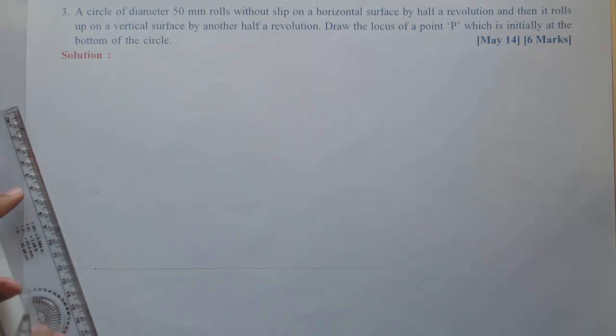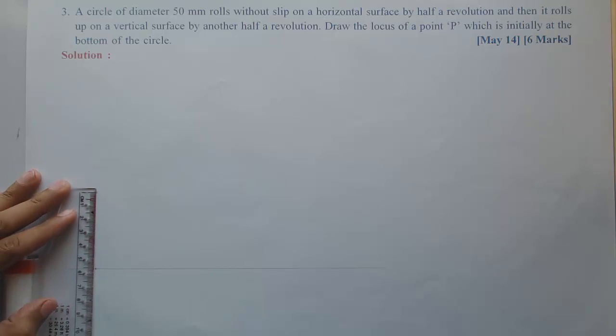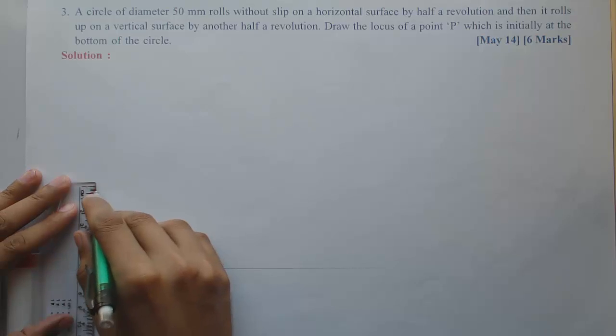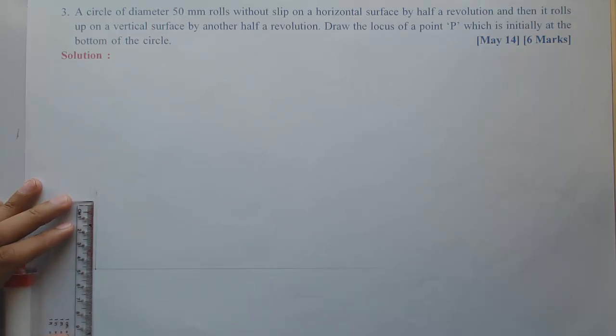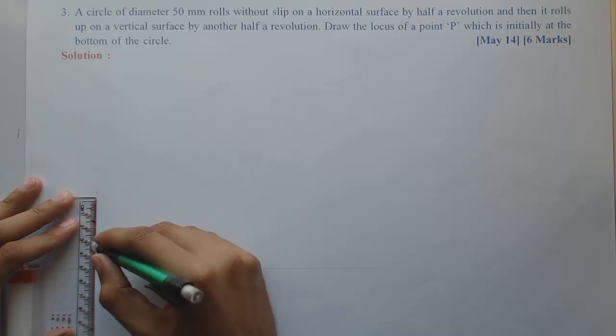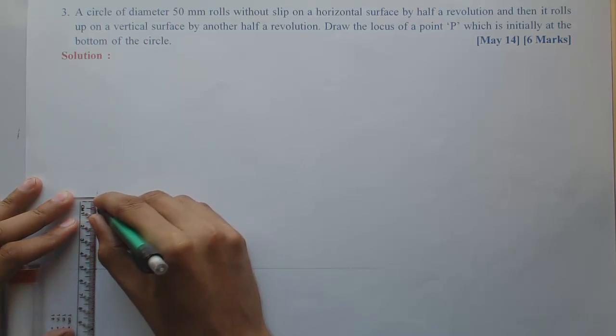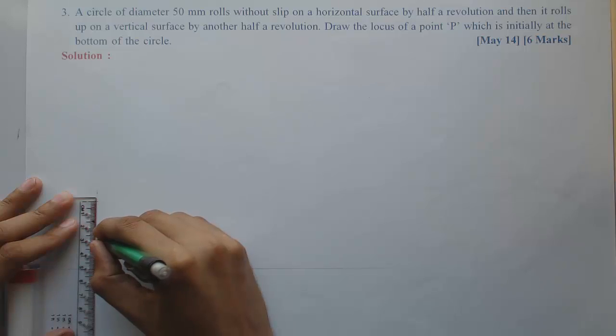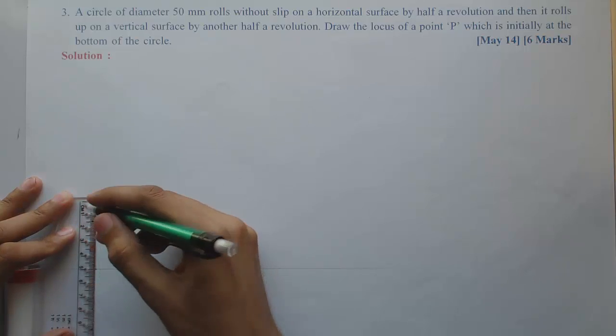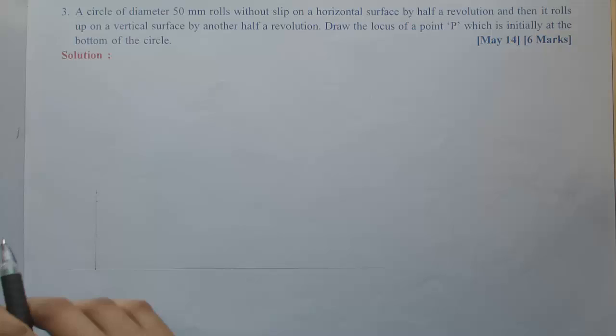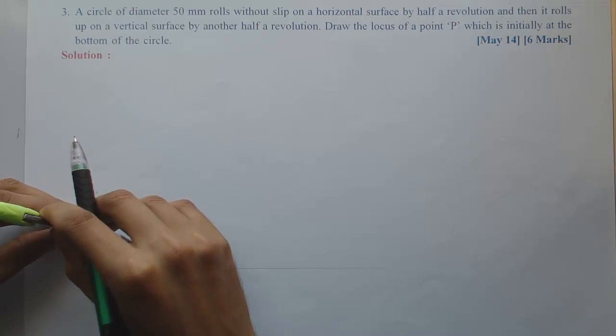The diameter is 50, so I'll mark the diameter length of 50 mm along this vertical line. I'll first mark 50 mm length, and then the center is at 25 mm. So now I can draw the initial position of the circle.